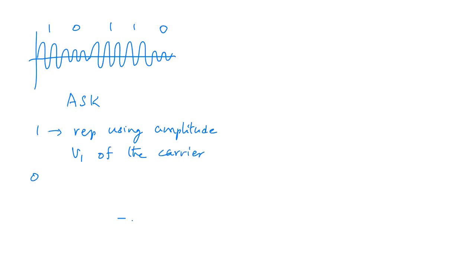So that is amplitude shift keying, where a 1 is represented using amplitude V1 of the carrier, and 0 is represented using amplitude V2 of the carrier.